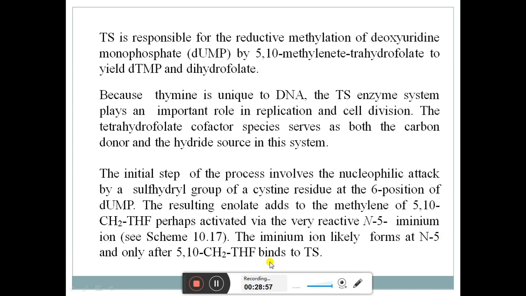This iminium ion forms at N5 only after the use of this cofactor, 5,10-tetrahydrofolate, and binds to the thymidylate synthase. So this is an important step. Which step is very important, and when this step does not happen, how the further pathways will be disrupted.